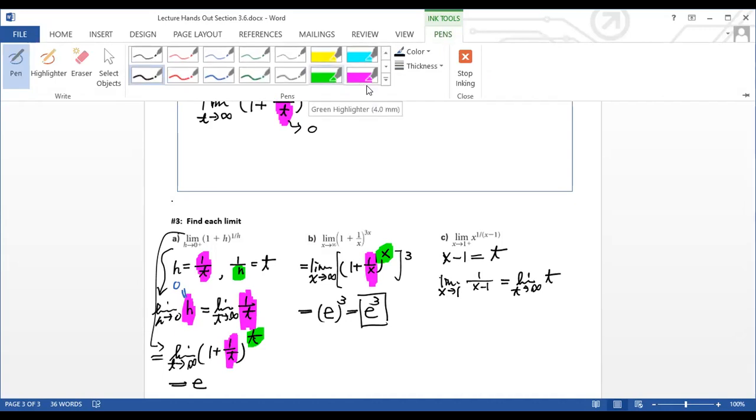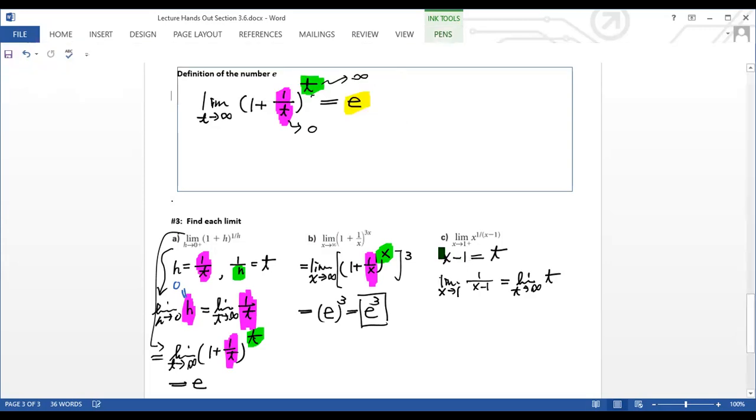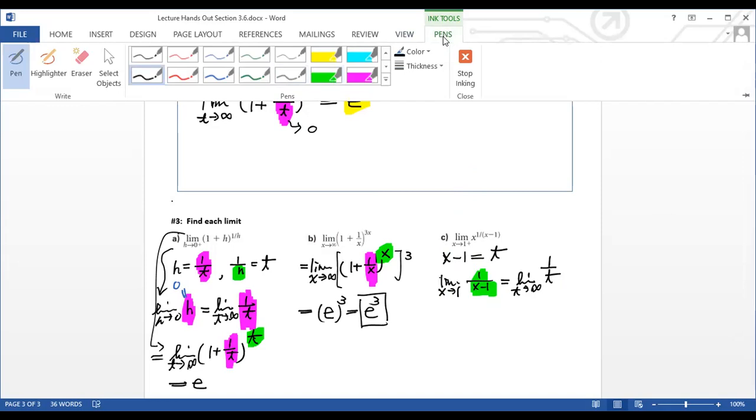Take a look here. This one is x minus 1, so when x approaches 1, this approaches 0. But x minus 1 equals t, so 1 over x minus 1 is 1 over t. So it's 1 over t, and so this will approach infinity here, correct?